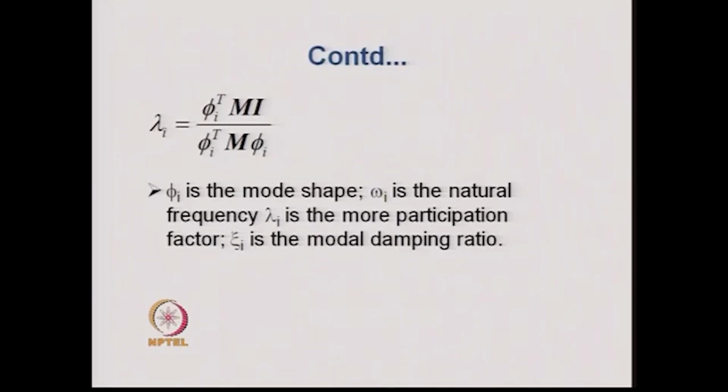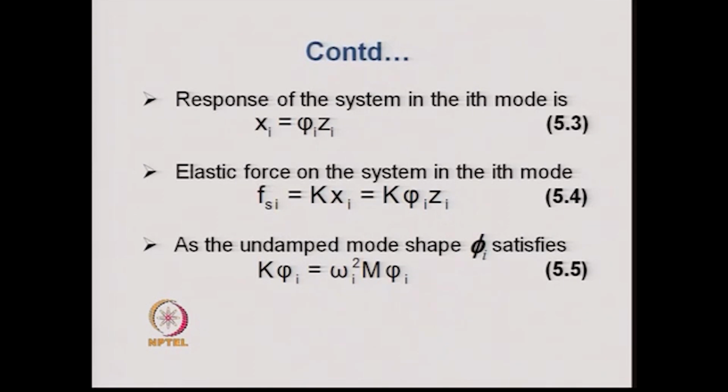So, using this formula one can obtain the value of lambda I, and once we have lambda I, then one can solve each one of these modal equations in time, and then the responses for the original structural coordinate system, that is x I, can be obtained by using equation 5.3, that is we multiply phi I with z I, where phi I is the ith mode shape and z I is the time history of the generalized coordinate for the ith mode, and this x I is also a time history of displacement in structural coordinate.